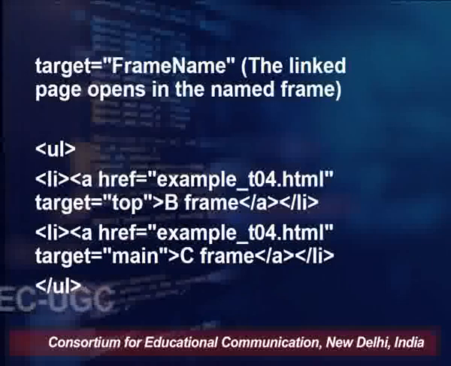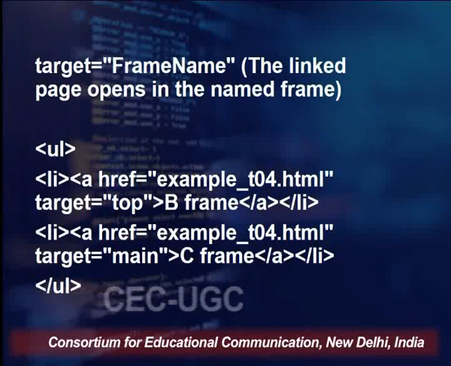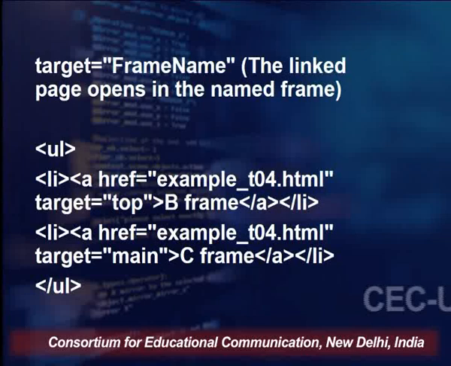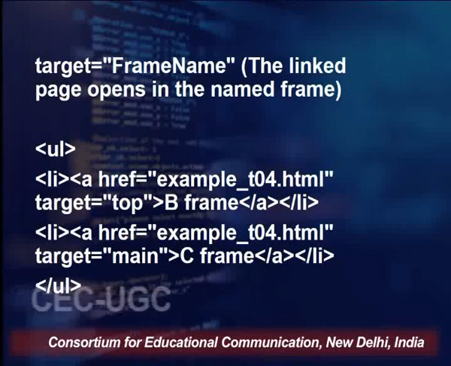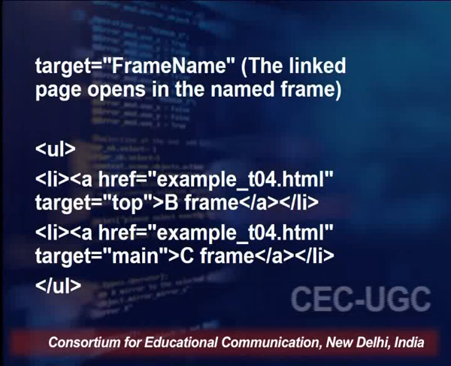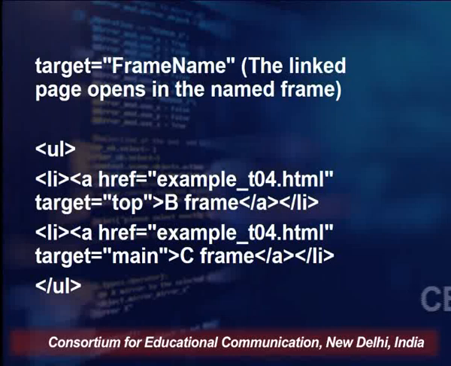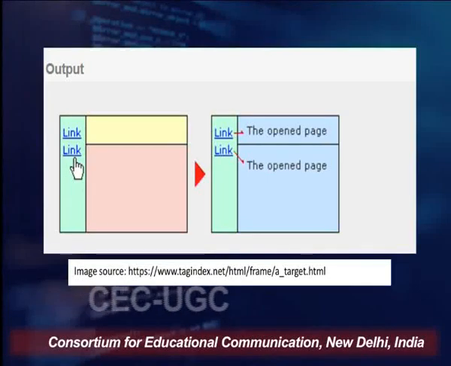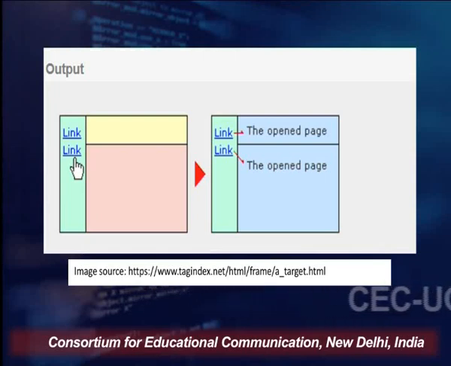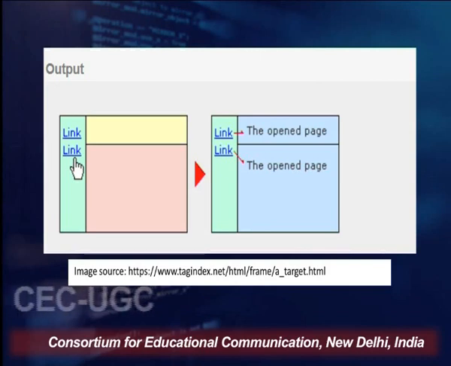So this you can see again in the code. We have hyperlink reference, then target equals top, and then target equals main for the next link. Wherever we have written target equals top, I am assuming top is given as the value of the name attribute of that yellow section frame, and here we have the name attribute as main for this pink section frame.